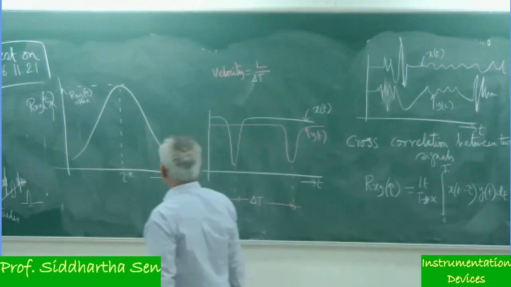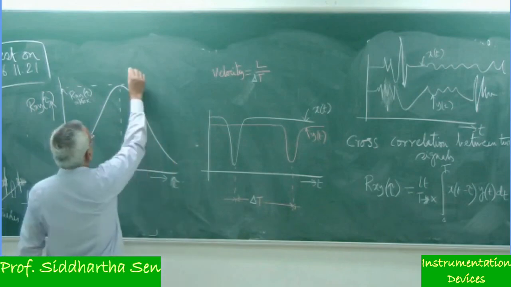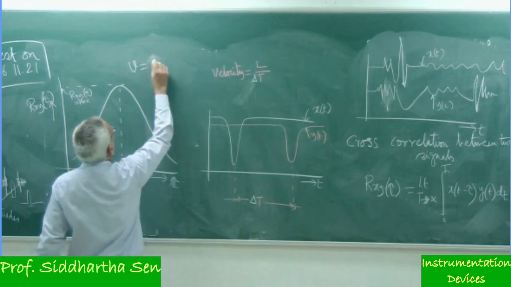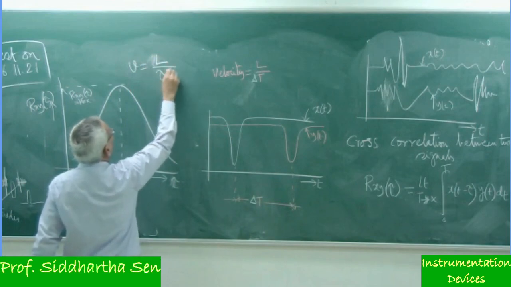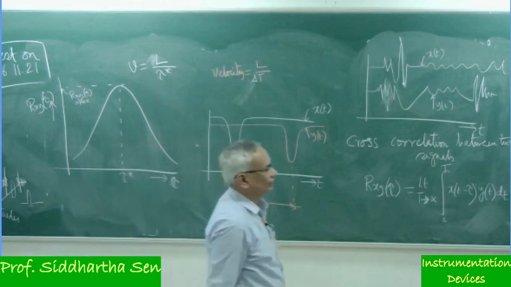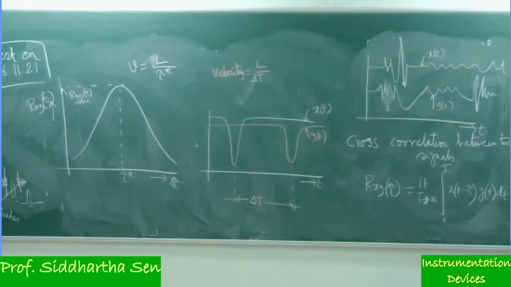Then we can say that this tau star is the tagging time delay, and so the velocity is given by the distance L divided by tau star.